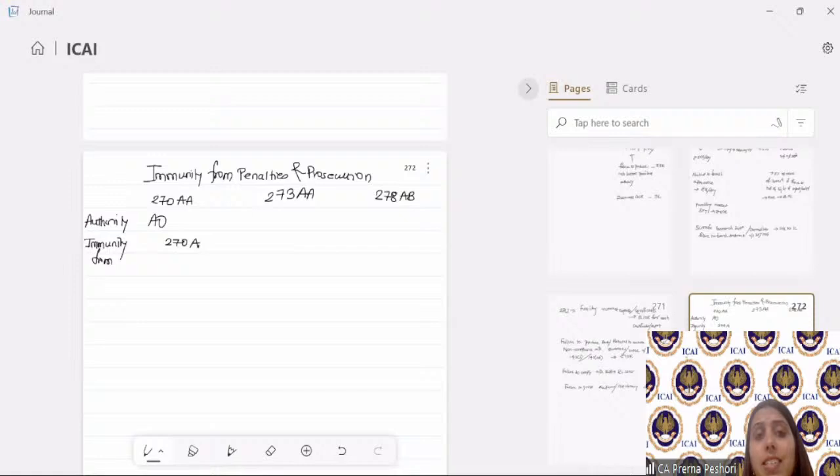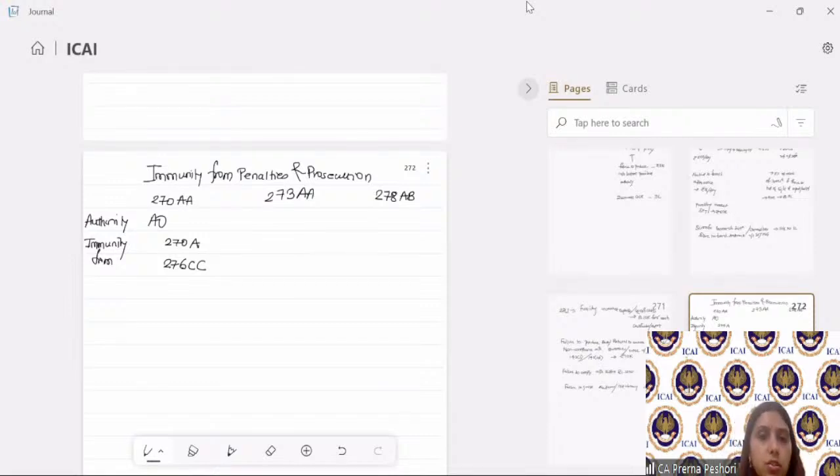So 276CC also is covered and 270A is also covered here. So immunity from 270A, 276CC, which is in the case of failure to furnish the returns of the income. So for that, there is a prosecution. So 270AA is the application before the AO for immunity from 270A and 276CC.